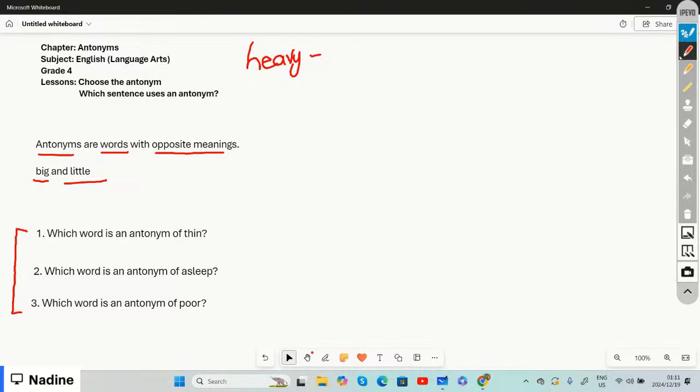What is the opposite of to hide? If you don't hide something, then what are you doing? What is the opposite of bad? What is the opposite of beautiful? Dry.